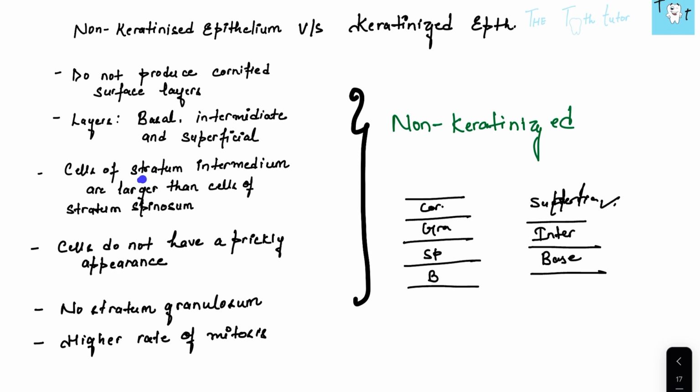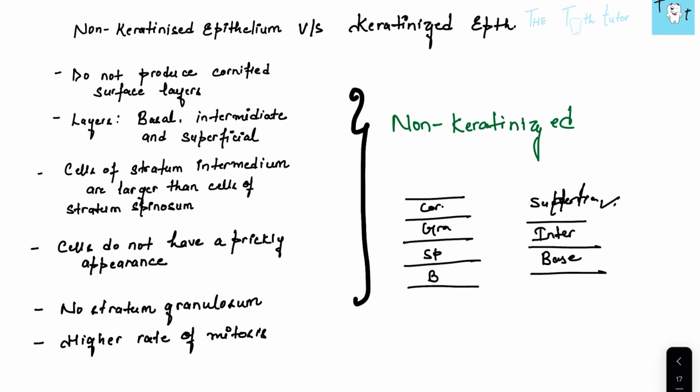The cells of stratum intermedium are larger than the cells of stratum spinosum. So if we compare the second layer of both the keratinized and non-keratinized, the intermedium one will have larger cells. The cells do not have a prickly appearance, whereas the spinosum had a prickly appearance.